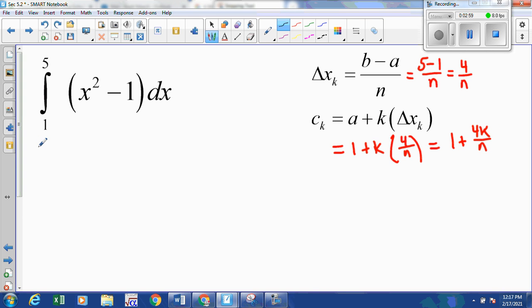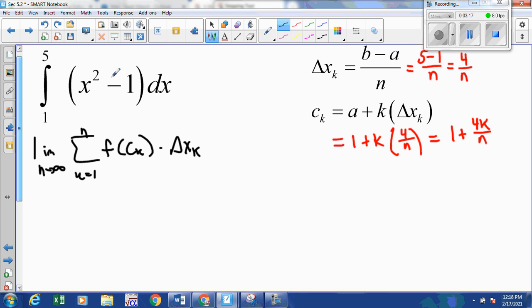Now, the limit of our Riemann sum is the limit as n goes to infinity of the sum from k equals 1 to n of f of ck times delta xk.